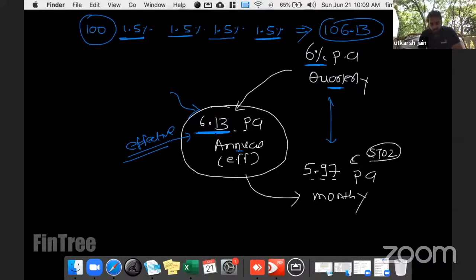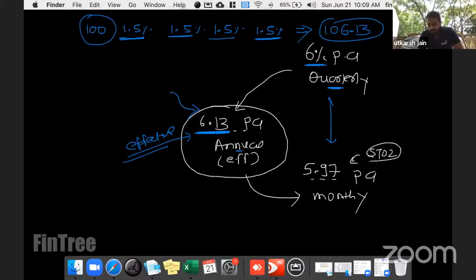Then what you do is you go to C/Y, and there's going to be a small internet issue. So you go to C/Y, and see, I want to keep the effective as it is, that I don't want to change, but I want the nominal frequency now to become monthly.